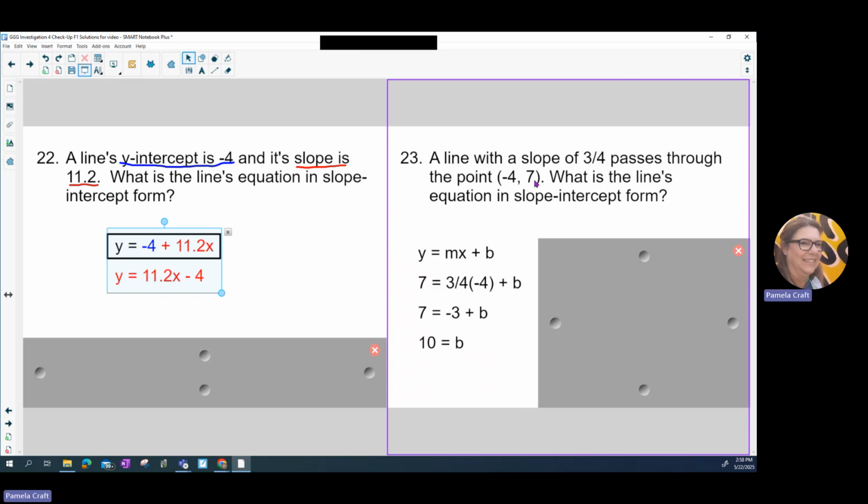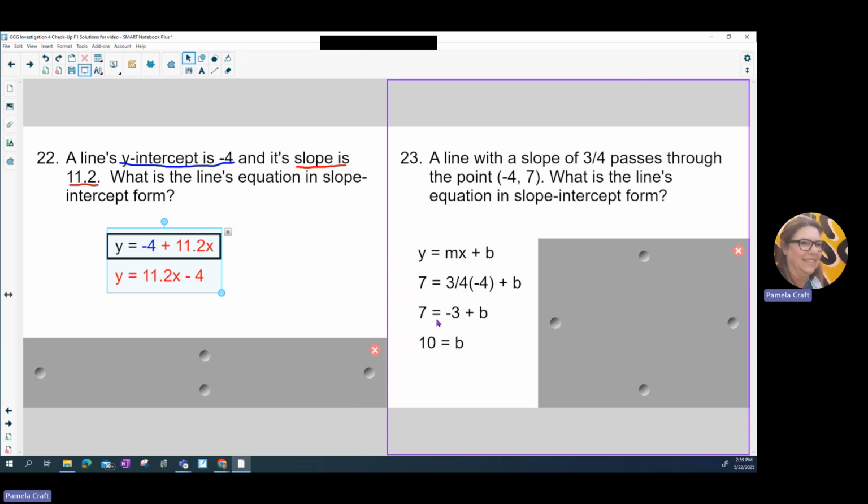7 is my y, right here in the y spot, is equal to 3/4, that's your m or your slope, multiplied by your x, which is right here, -4 in the x spot, plus b. So 7 equals 3/4 times -4, which is -3, plus b.